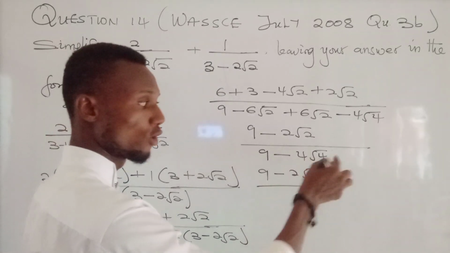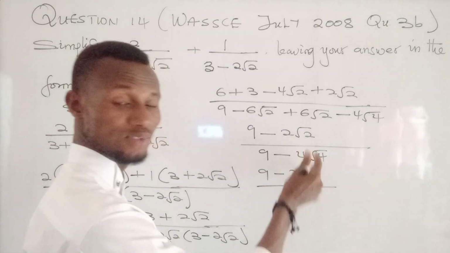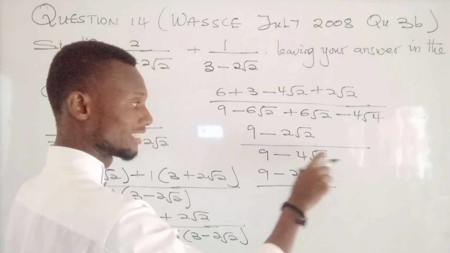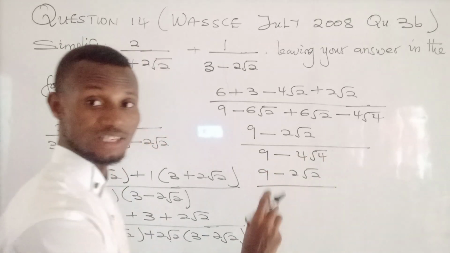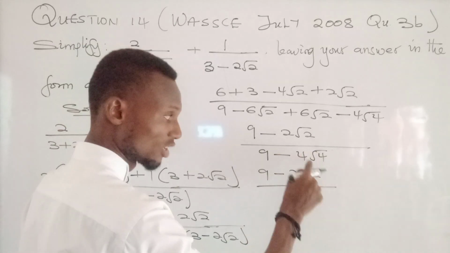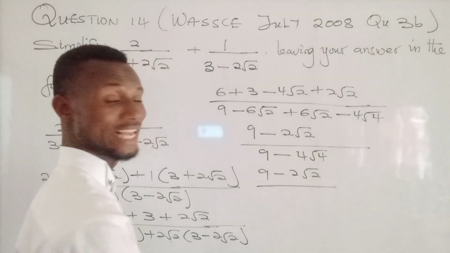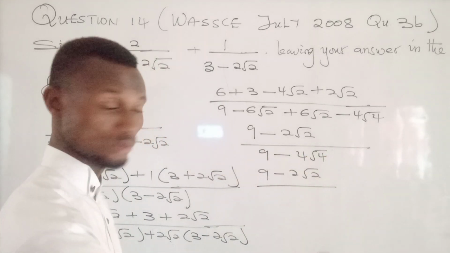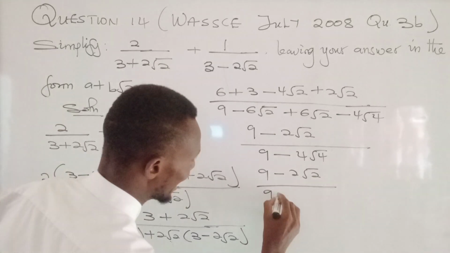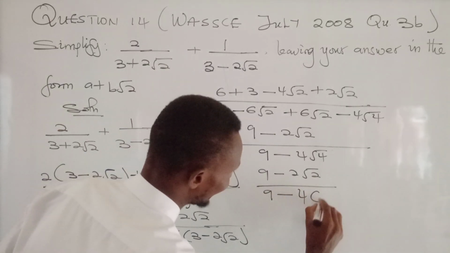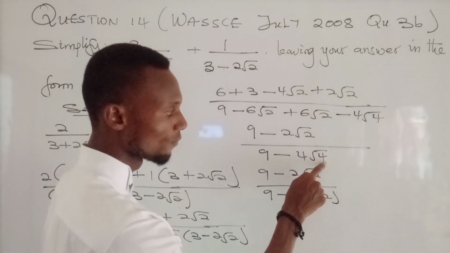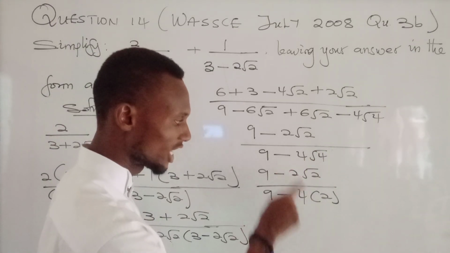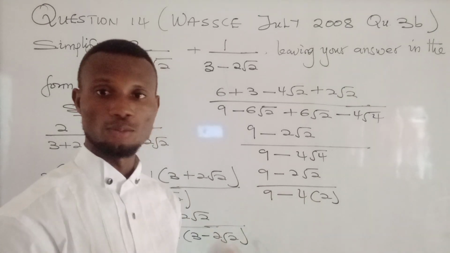And the minus 4 needs to multiply that result, because the minus 4 is multiplying the square root of 4. We know that the square root of 4 is 2. So we are going to have 9 minus 4 times 2. I hope you agree with me. So it is this square root of 4 which is giving us the 2 and the minus 4 is multiplying it. I hope you understand.